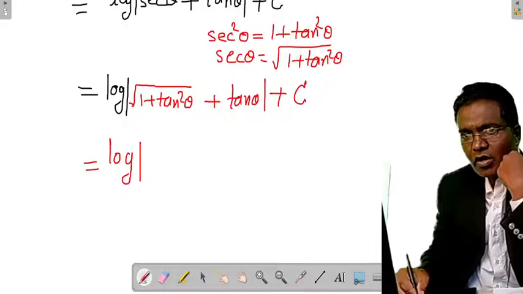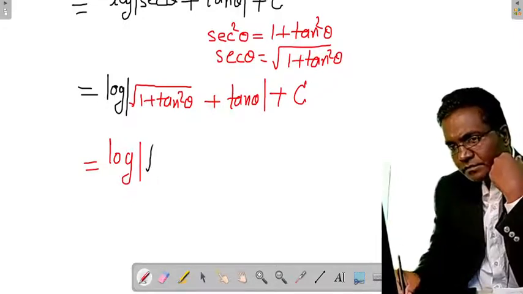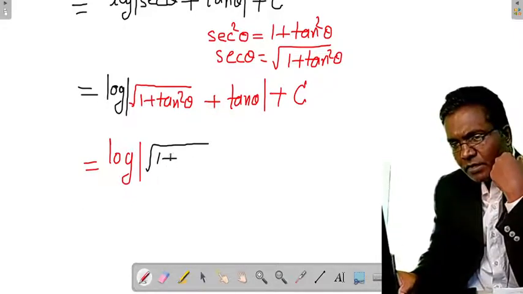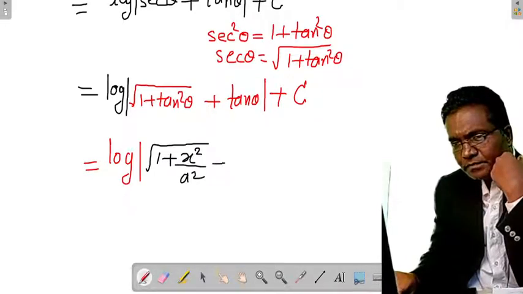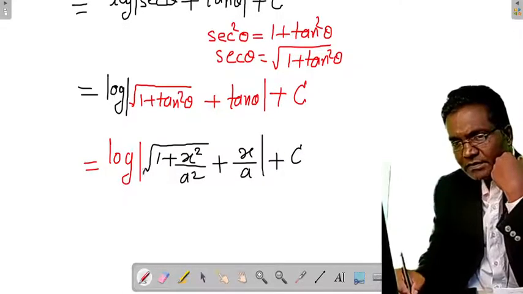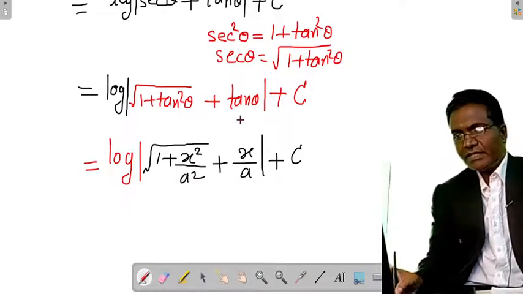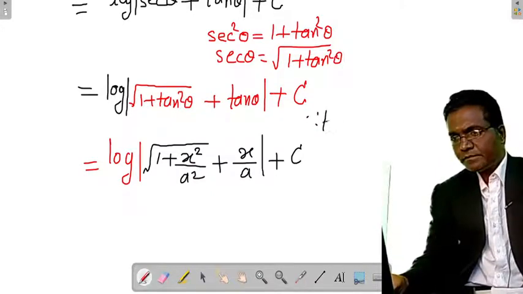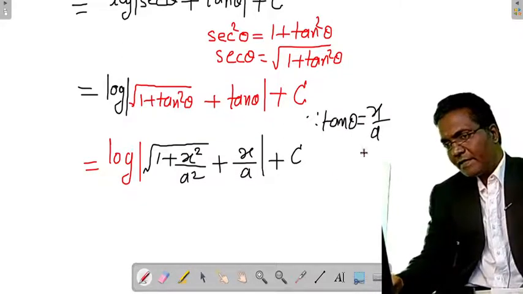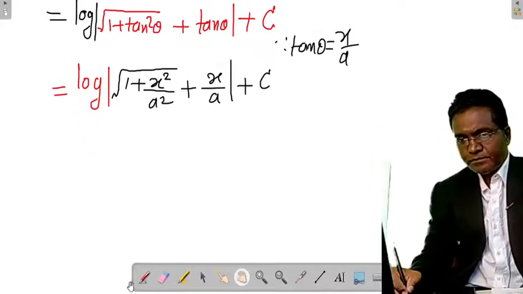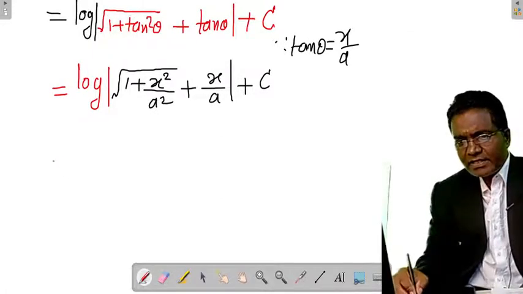This is log of square root of 1 plus tan square theta, and tan theta is x by a, so it is x square by a square, plus x by a plus c. Okay, I hope you got this, because tan theta is x by a. So as earlier, take the LCM.